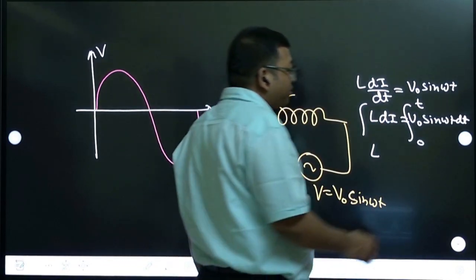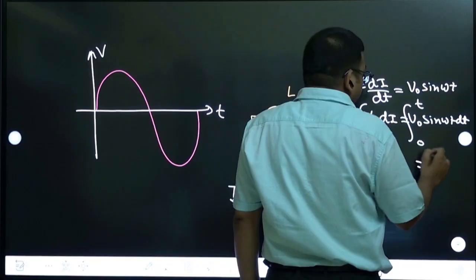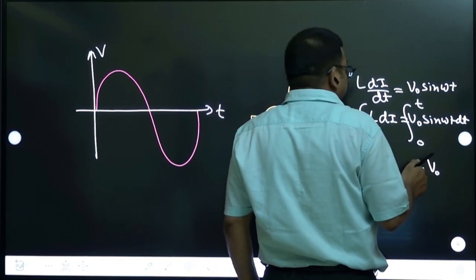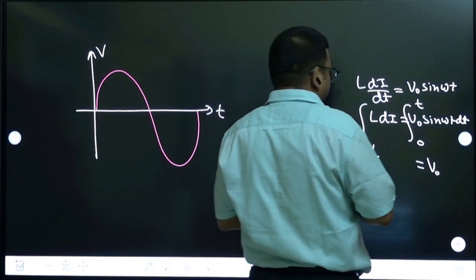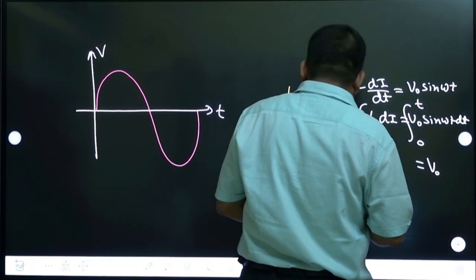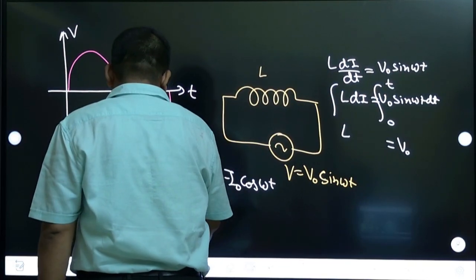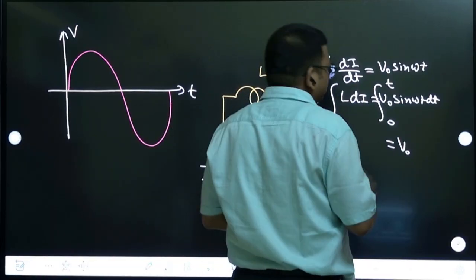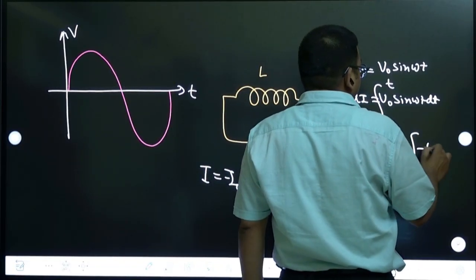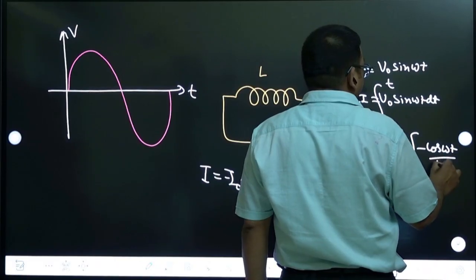So on the right side, when we are doing integration, the integral of sine comes as minus cos omega t by omega.